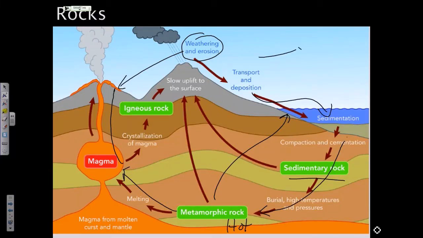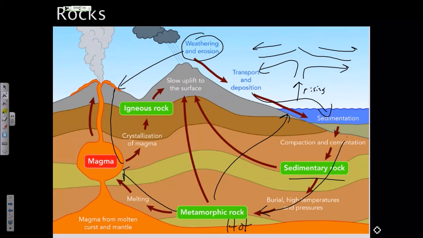Plates move because of more buoyant rock rising, moving out to the right, pulling one plate off to the right, or one plate off to the left. Right? Plates come together for the same reason, because of circulation in the Earth's interior and the mantle, and so it's tectonics that drives it, and tectonics is driven by temperature gradients in the Earth. It's very hot in the center, the core is cooler on the outside.